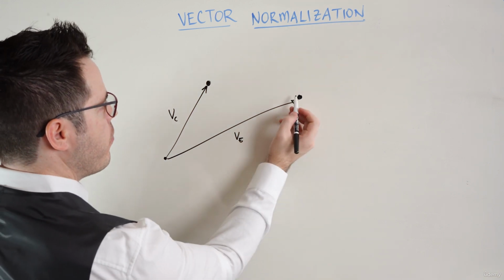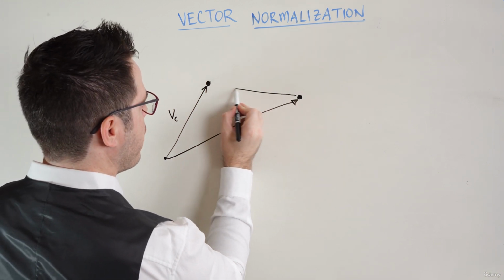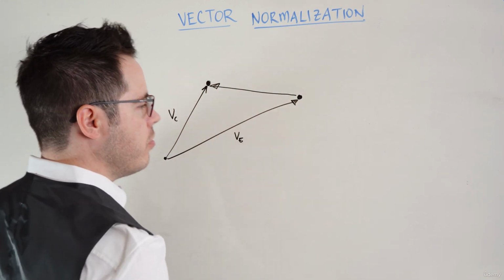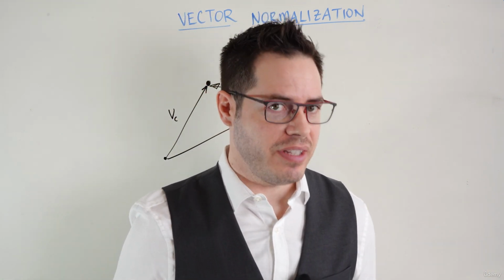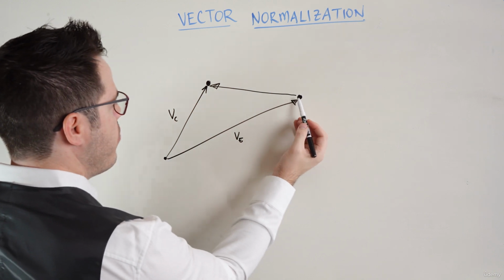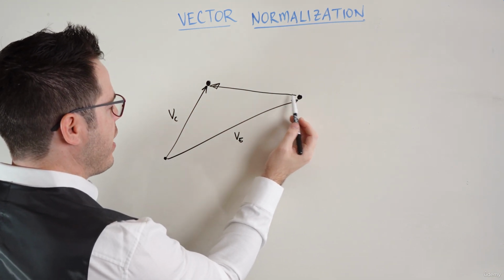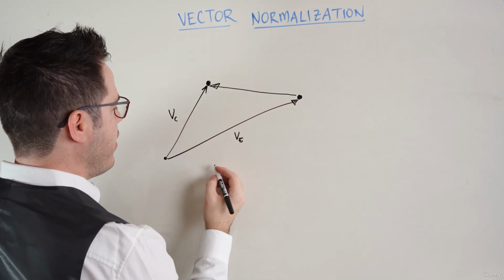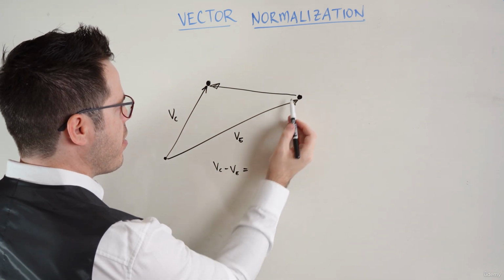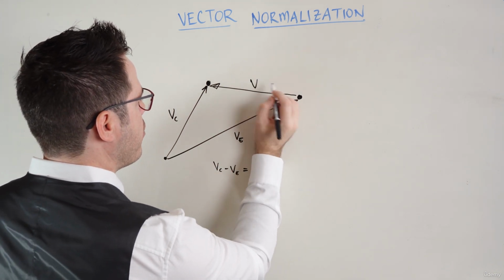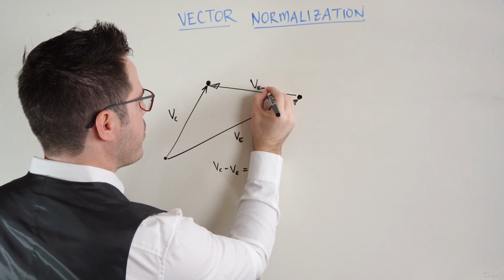Now let's say that our enemy wants to move towards our character, and we want that enemy to move at a constant rate. Let's just say 1 unit per second. Well, we know that we can calculate the vector from v sub e to v sub c, right? It's going to be v sub c minus v sub e. That's going to be this vector, the vector from the enemy to the character.